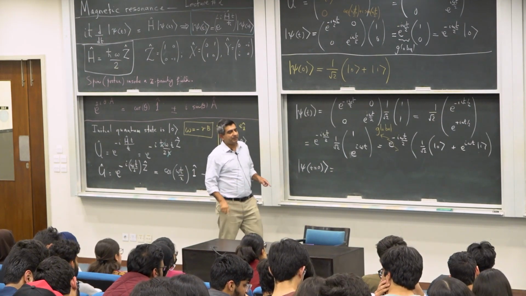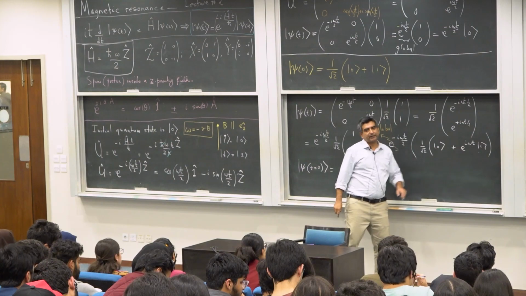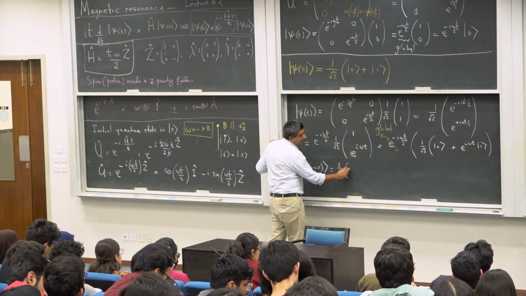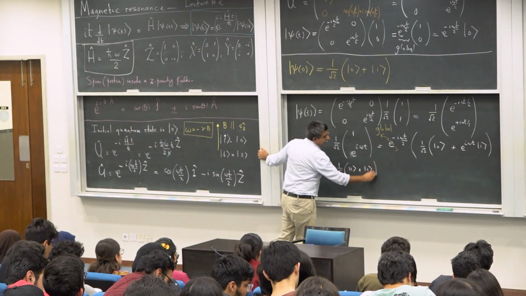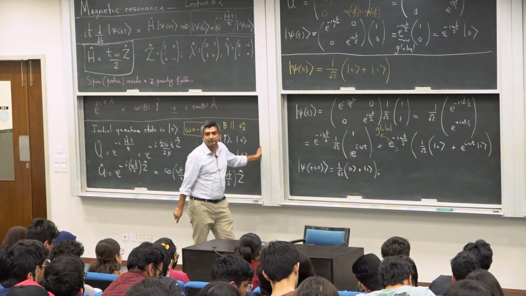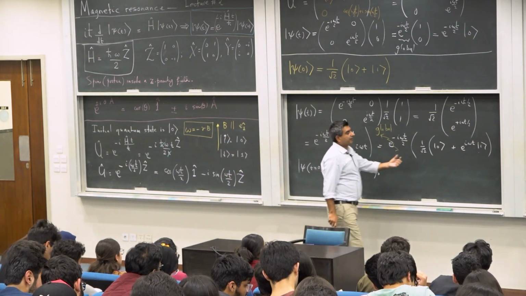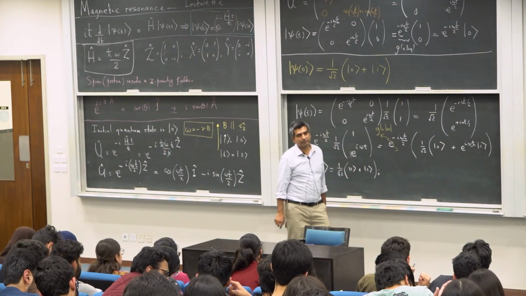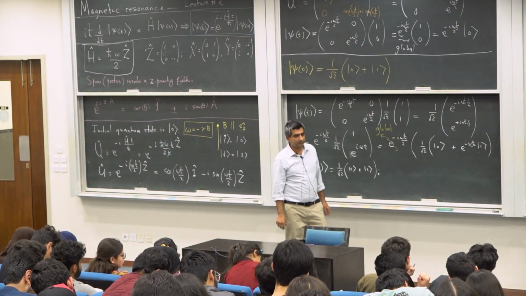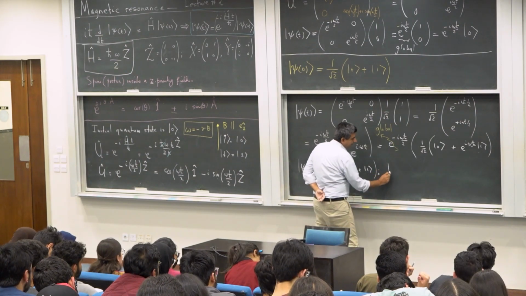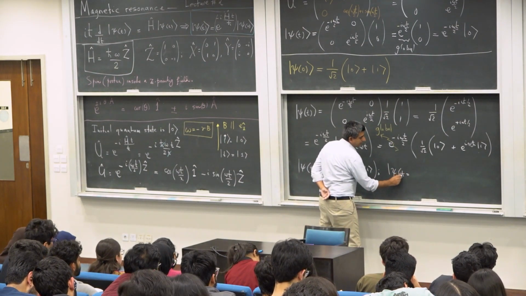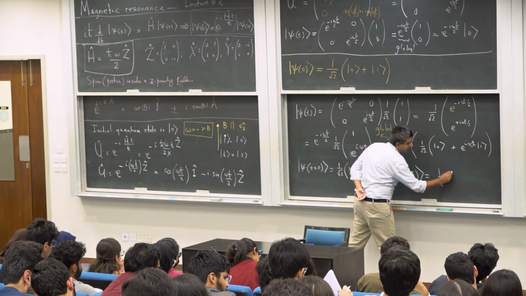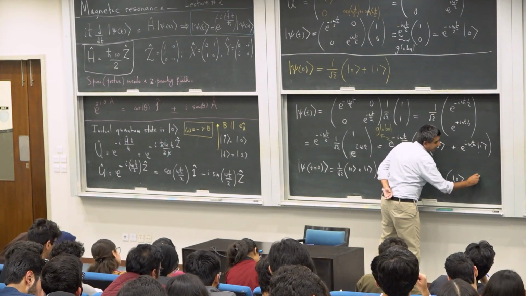What's the quantum state at time t equals 0? If I put t equals 0 here, what do I get? What do I get? Ket 0 plus ket 1. This indeed is my initial state. If my omega t were, say, pi by 2, then this would become 1 over under root 2 ket 0 plus i ket 1.